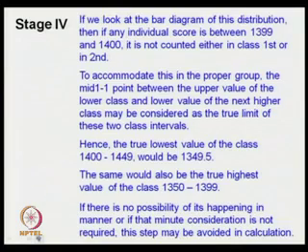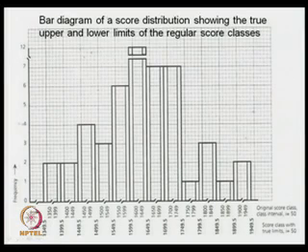Now we are making these classes in a graph, where the lowest value is 1350 and highest is 1399. So the next group starts from 1400 and the higher value of this class is 1449.